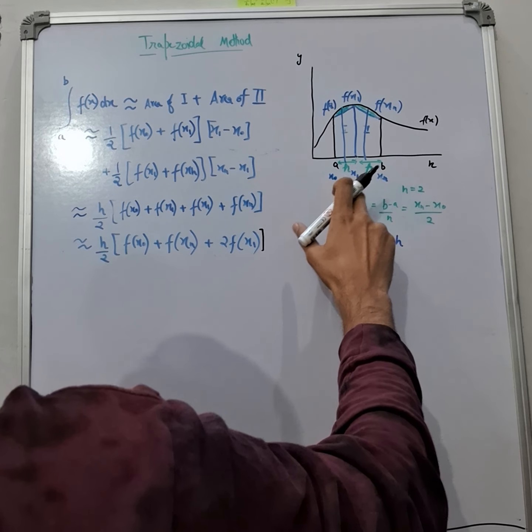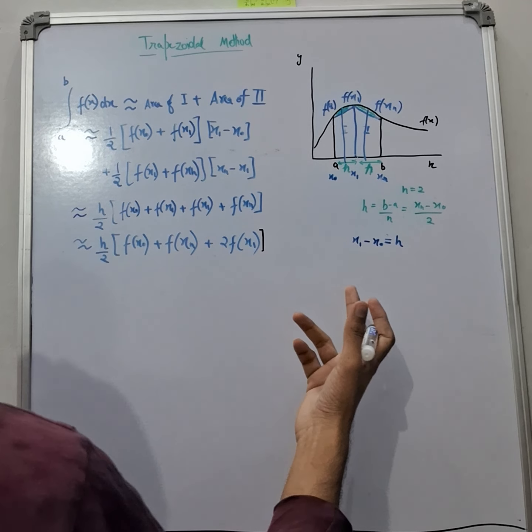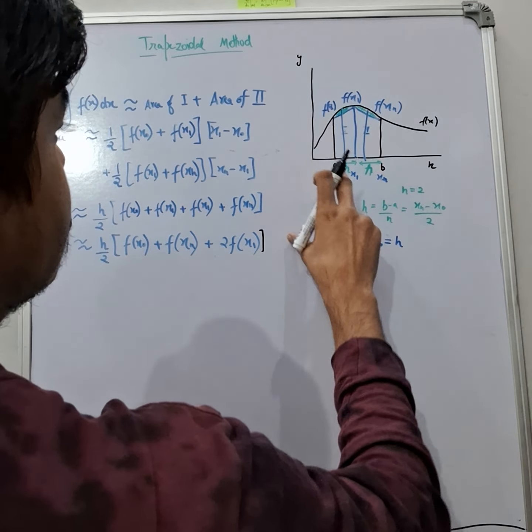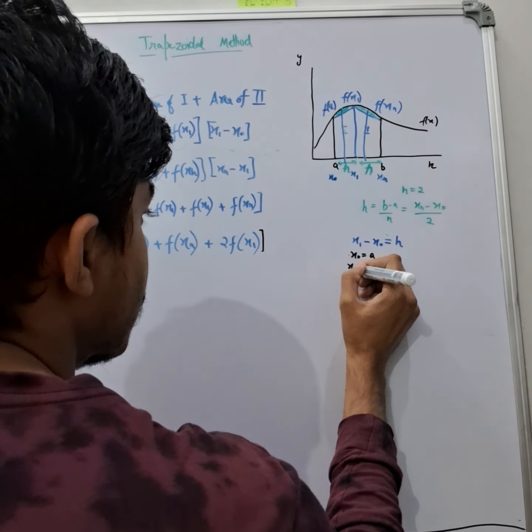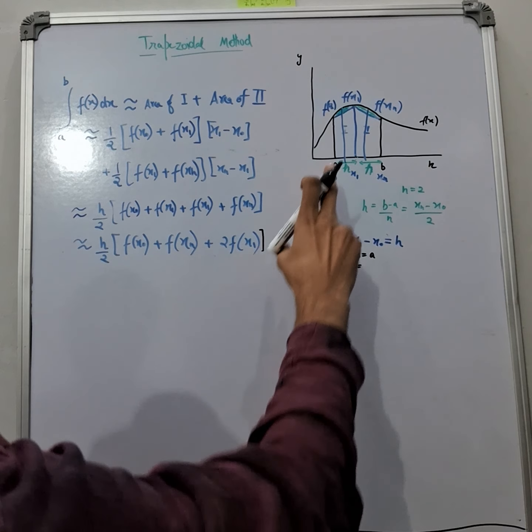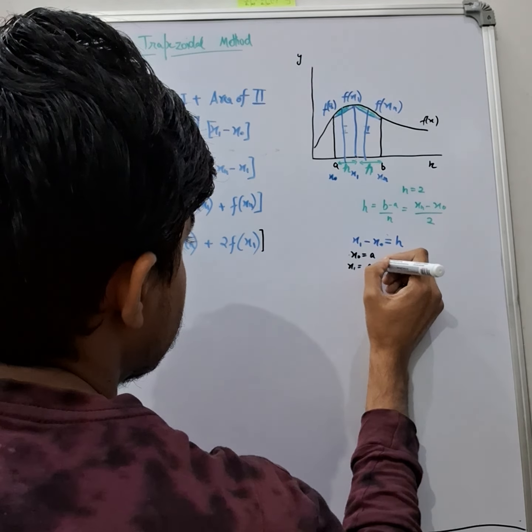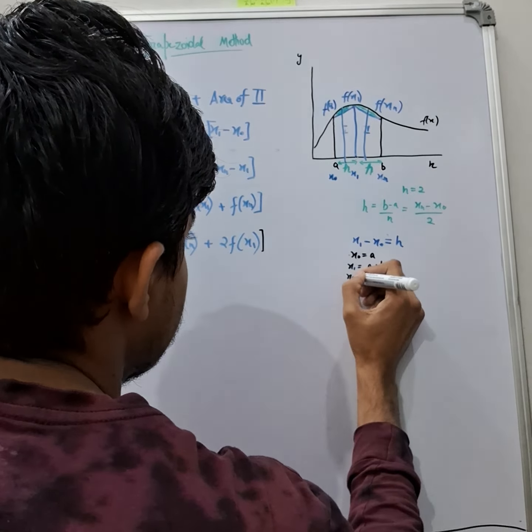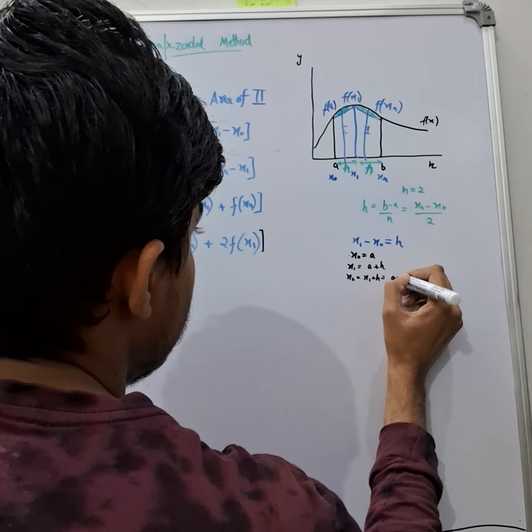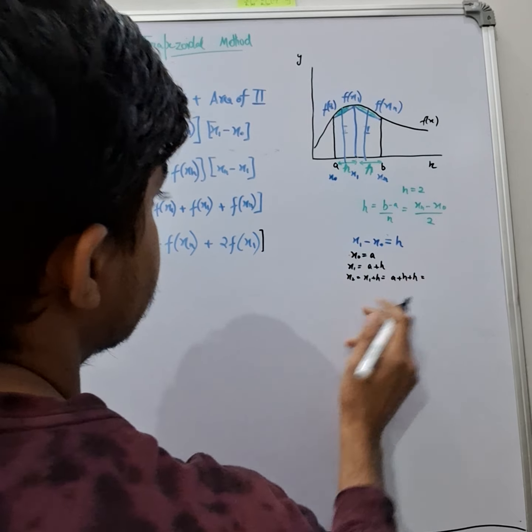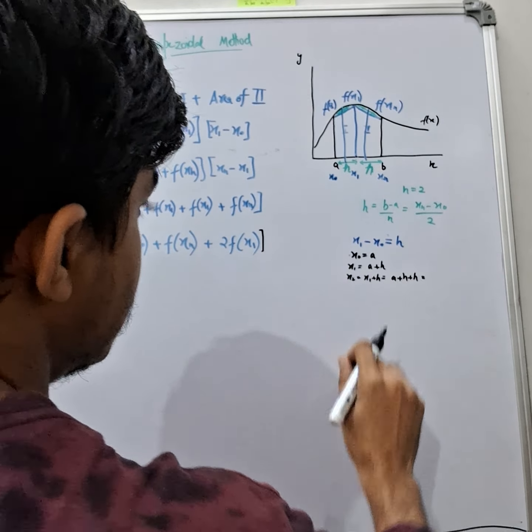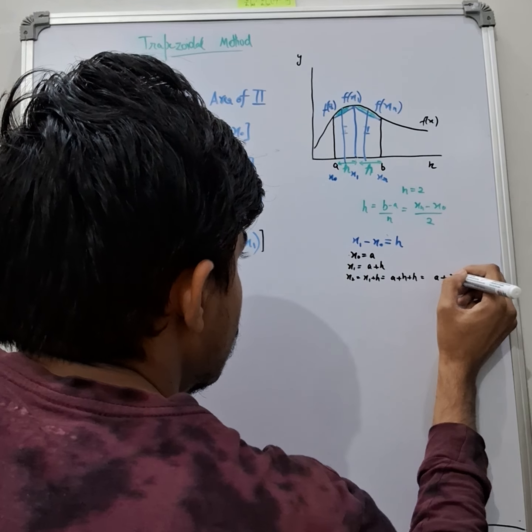These points x0 and x1 should be written like this: x0 is equal to a. This point x0 is equal to a, x1 will be equal to a plus this length, a plus h, x2 will be equal to x1 plus h, or a plus h plus h, so a plus 2h.